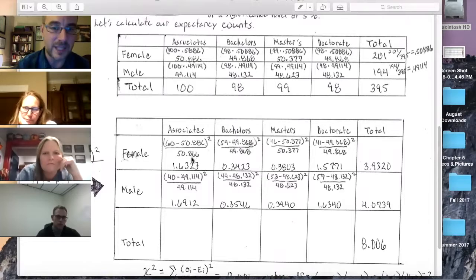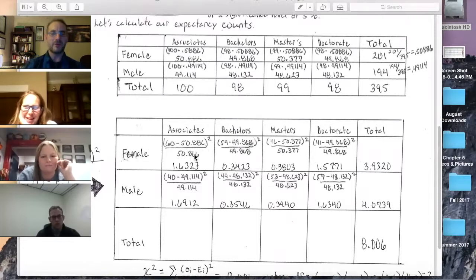I did this in Excel, so I know that these numbers are all correct, so don't mind the typos there. You do that for each of these expected values, the observed minus the expected squared divided by the expected. And you should come up with these values here.